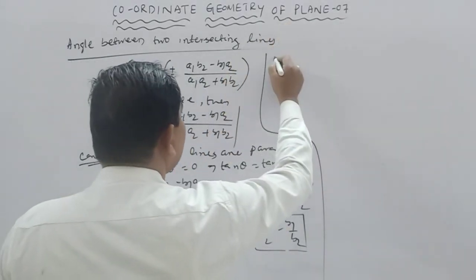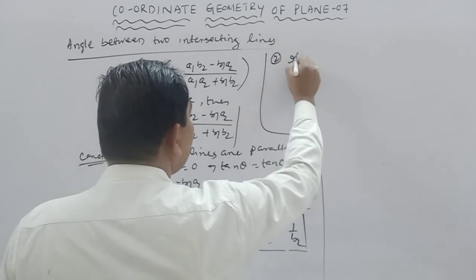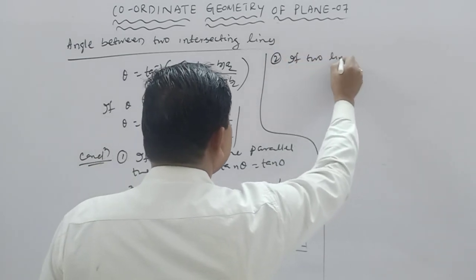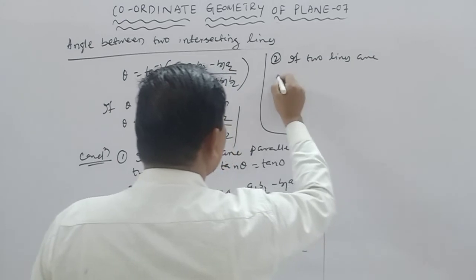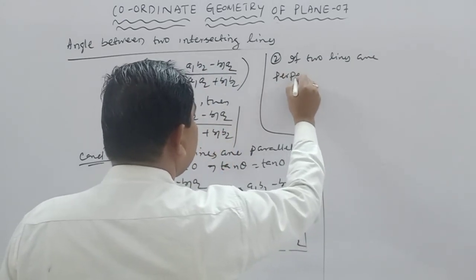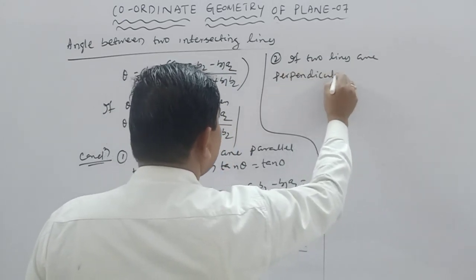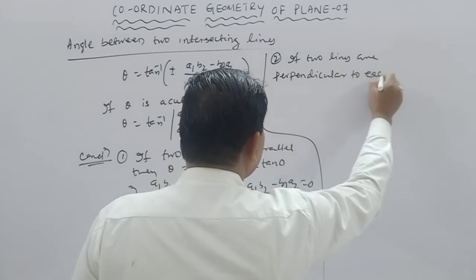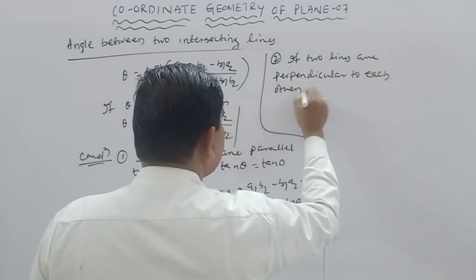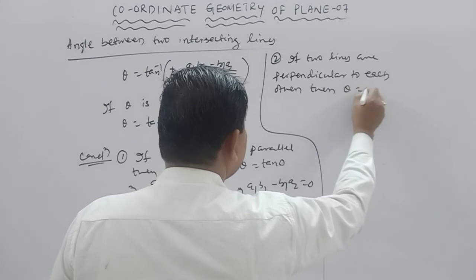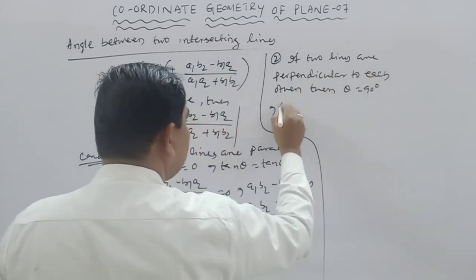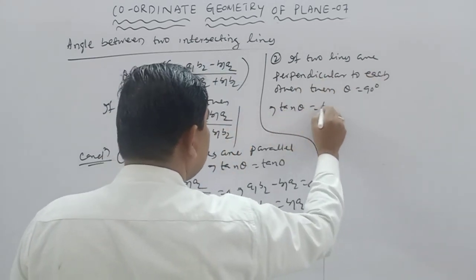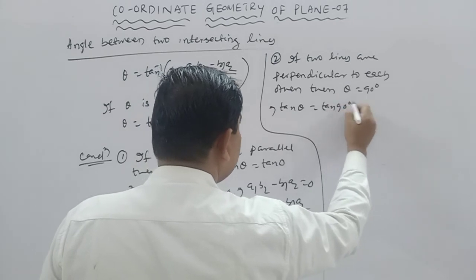Condition 2: if two lines are perpendicular to each other, then theta is equal to 90 degrees. This implies tan theta is equal to tan 90 degrees, that means infinite.